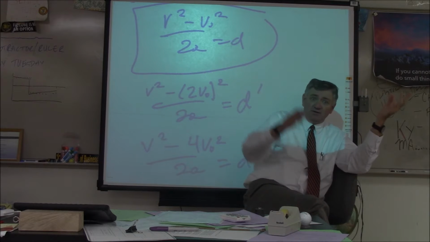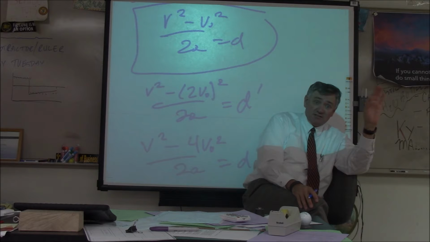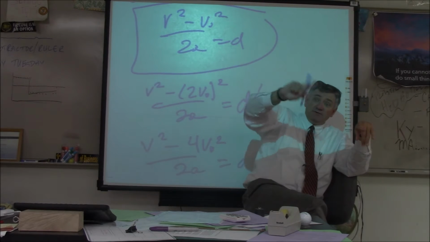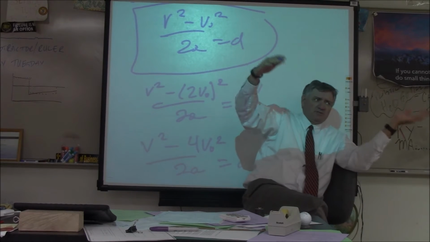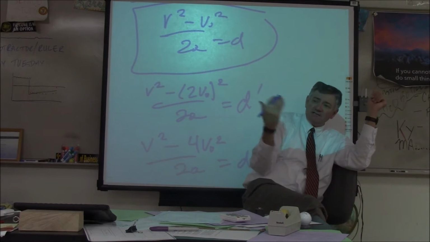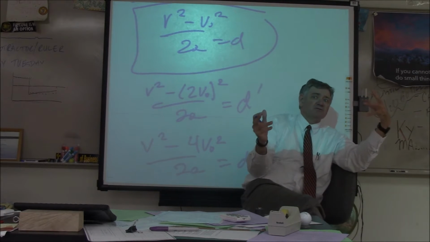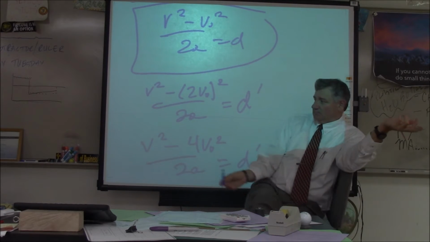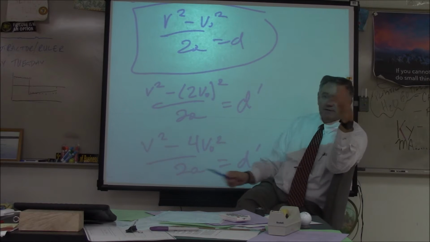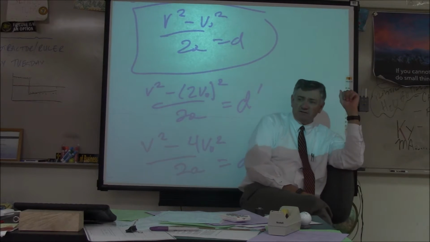I just know that my new distance is going to be 4 times greater. If you look at that initial distance of 3 meters, that new distance is going to be 4 times that. Well, what's 3 times 4? 12. So that's the other way that you can figure out that distance without having to crunch the numbers. Because that's squared, if I double it, my distance goes up by a factor of 4.